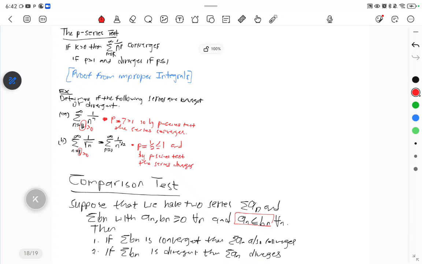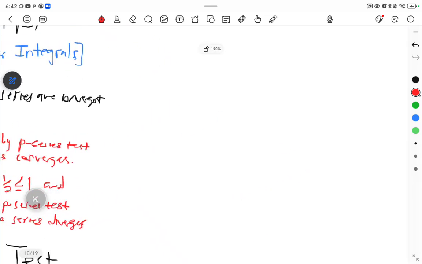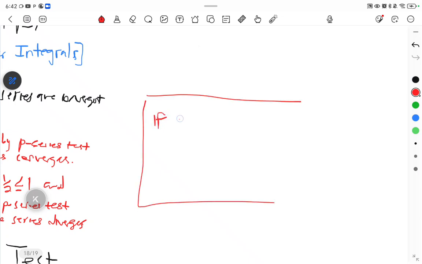There's also another book, they say this about the comparison test, right? They say that if the summation of bn converges, usually we use this on a limit comparison test, if the summation of bn converges and an is less than or equal to bn, then an is also convergent.